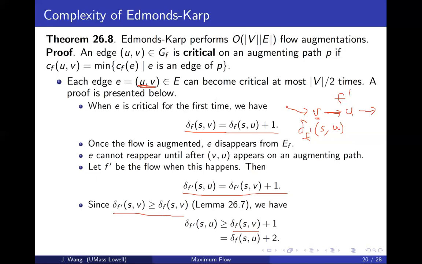Now, how do we interpret this result? The result says that for U, which is an intermediate node, let's say U on GF, you have the path going there from S. And U on F prime, a different route.